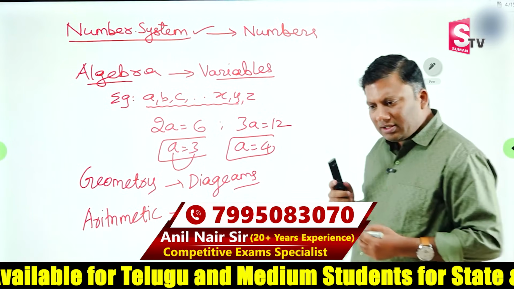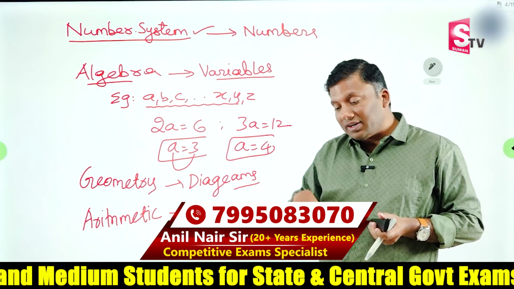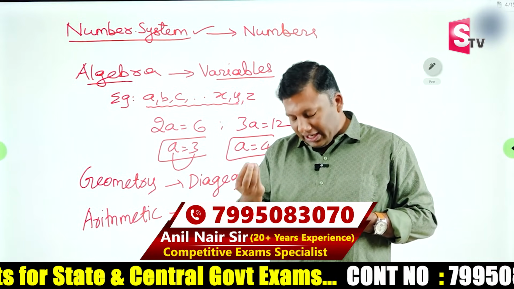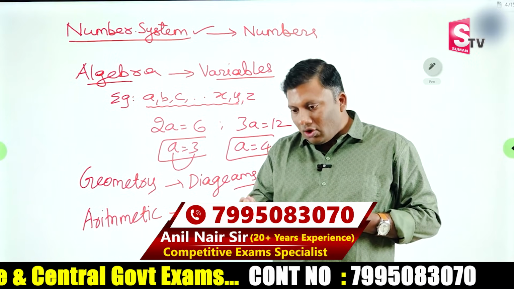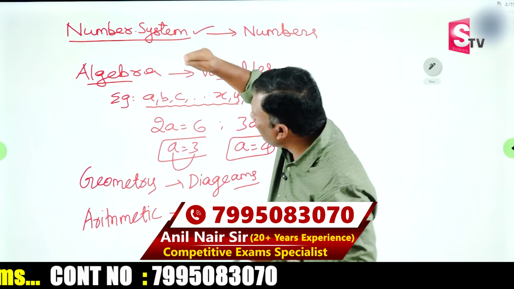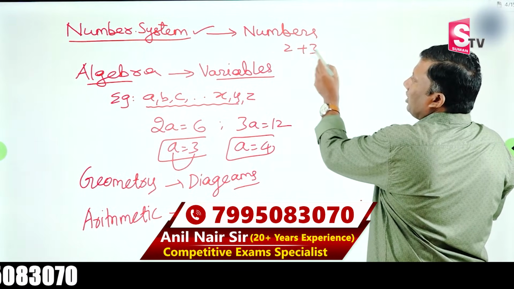Whatever you said is an answer for mathematical operations. Plus, minus, into, division. These are all performed on these topics. 2 plus 3 is equivalent to 5.